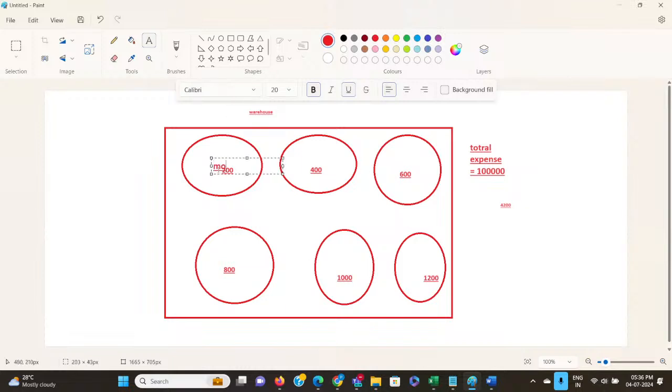This is for laptop. So again, how much will the laptop expense be? Laptop: 1 lakh divided by 4200 into 200. So I would give 4761.